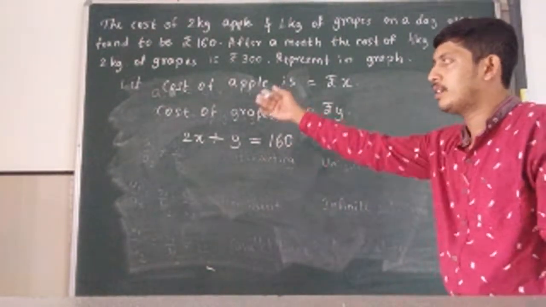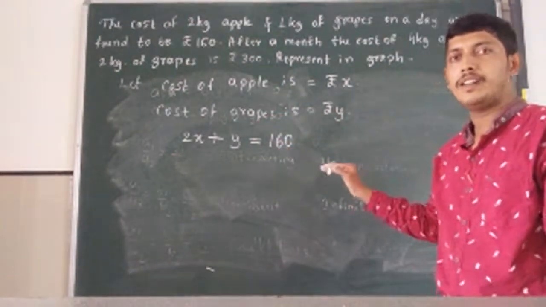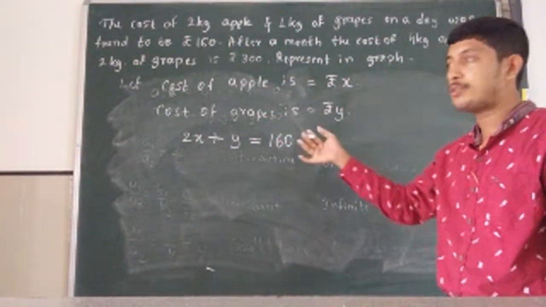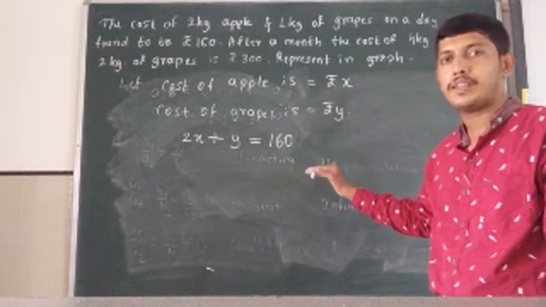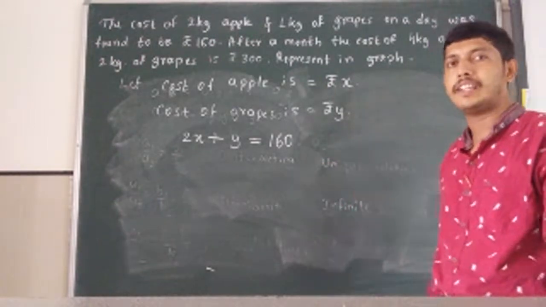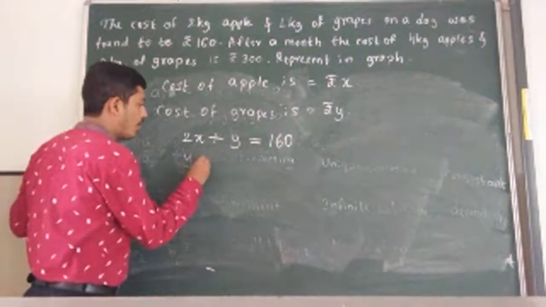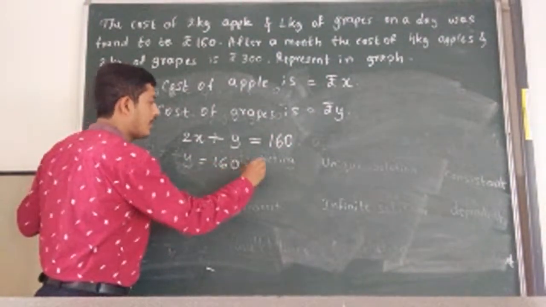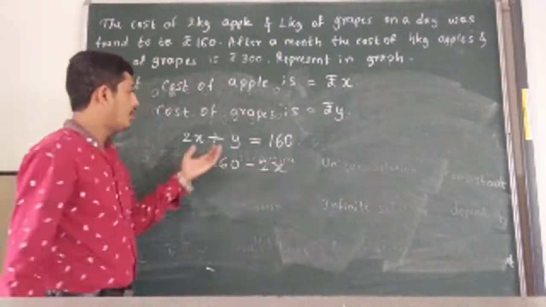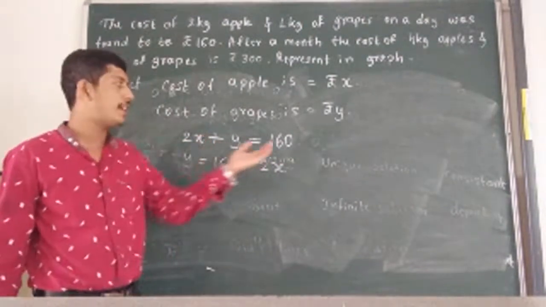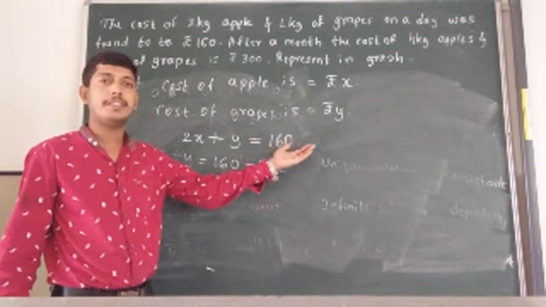So I will use the 3 cases here only. After writing the tabulation of the first equation, I will consider the second equation. Therefore y becomes 160 minus 2x. 2x is on the left hand side, and when I take it to the right hand side it becomes minus 2x.